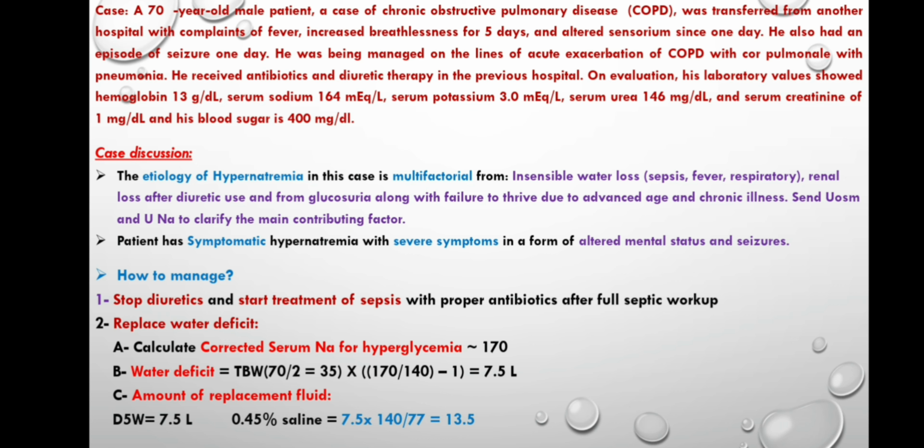As we told, we multiply 7.5, which is the water deficit, by 140 divided by the amount of sodium in half normal saline, which is 77. If you calculate it, it will be 13.5 liters of half normal saline.